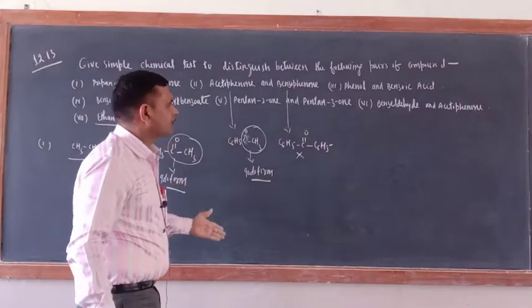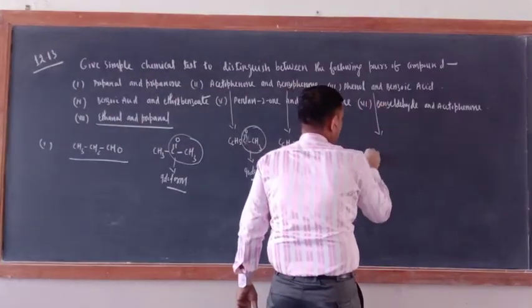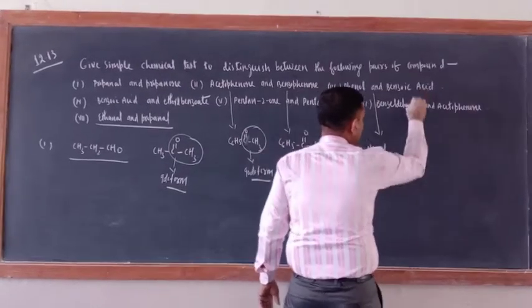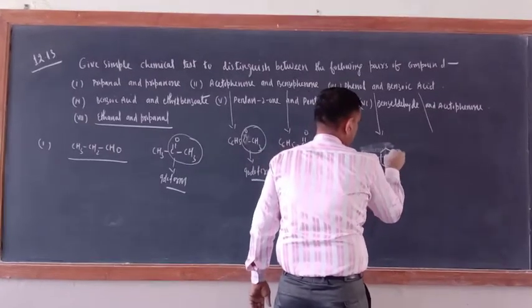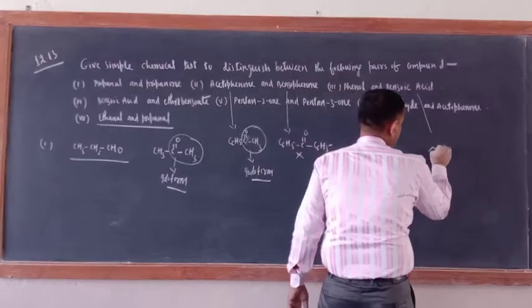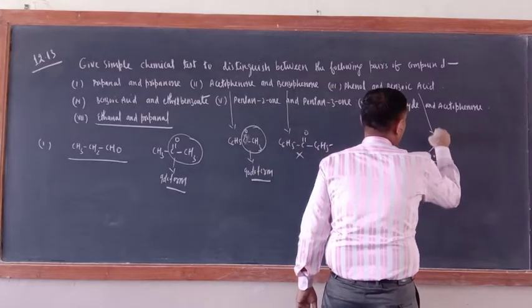Same reaction you should write. Now the next one is phenol and benzoic acid. This is phenol, and you should write the formula: benzene ring OH, and this is benzoic acid, COOH.